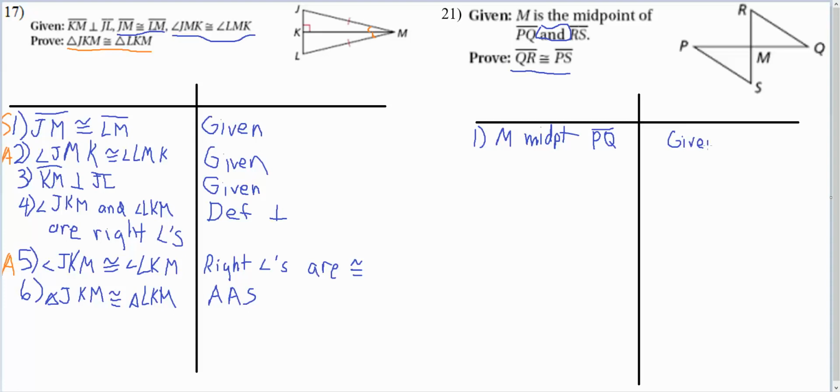Now midpoint literally means the middle point. So if it's in the middle, it splits our line segment in half into 2. So since PQ was being split into 2, that means that PM should be congruent to MQ. And that is definition of midpoint.